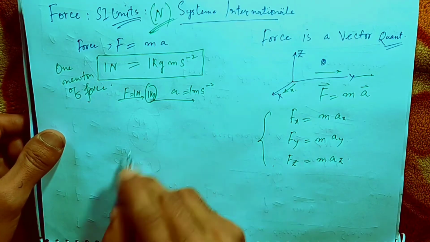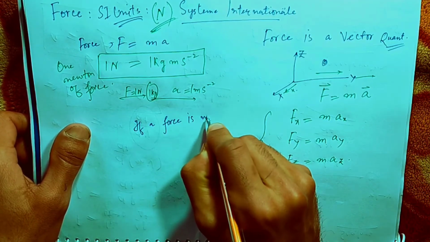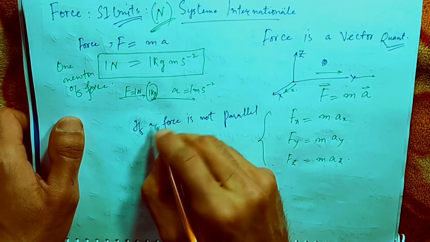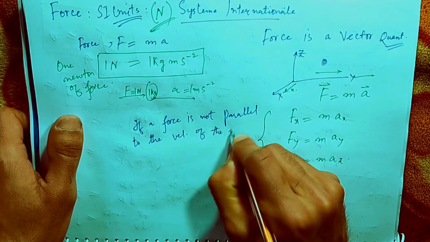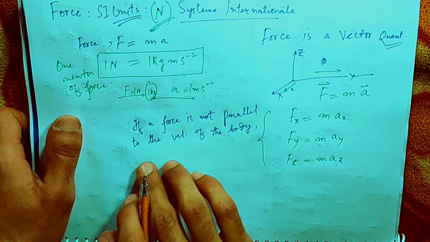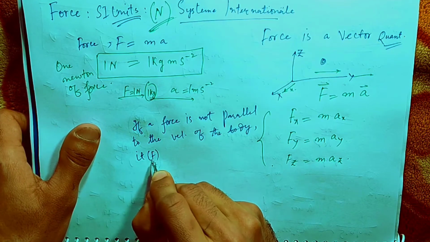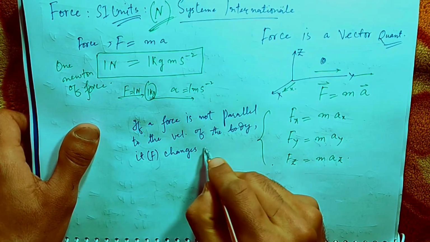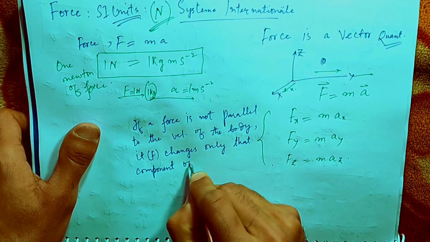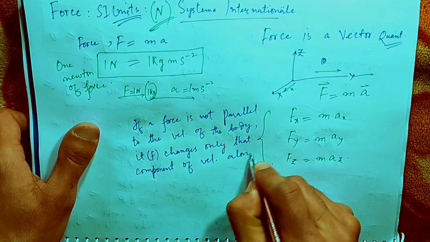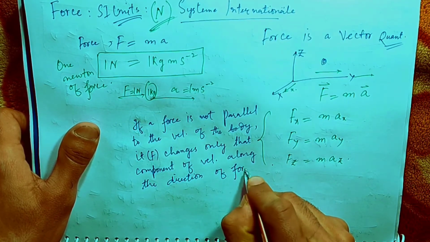I write it down, it's very much important here. It's a very much important fact that if a force is not parallel to the velocity of the body, then it changes only that component of velocity which is along the direction of the force.